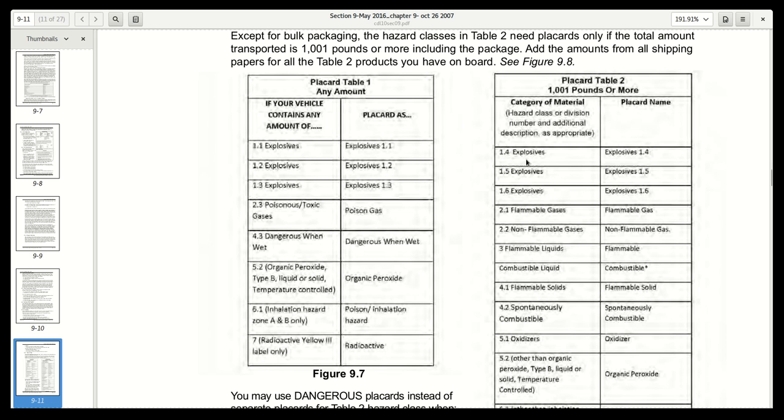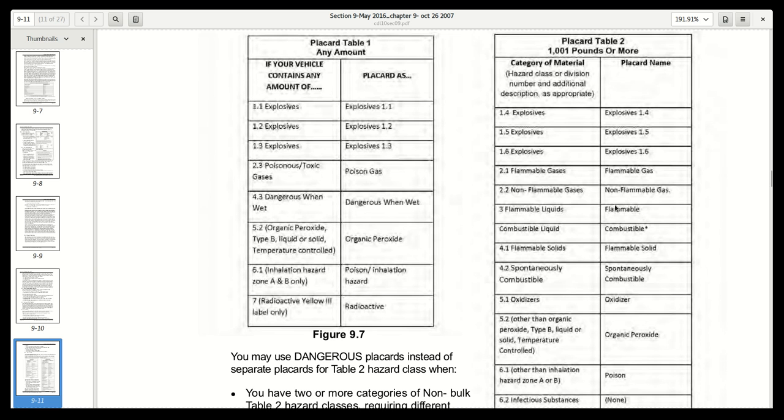If you have 1.4 explosives, those 1,001 pounds or more need to be placarded as explosives 1.4. 1.5 explosives, if you have 1,001 pounds or more, explosives 1.5. 1.6 explosives as explosives 1.6. 2.1 flammable gases, if you have 1,001 pounds or more, are placarded as flammable gas.